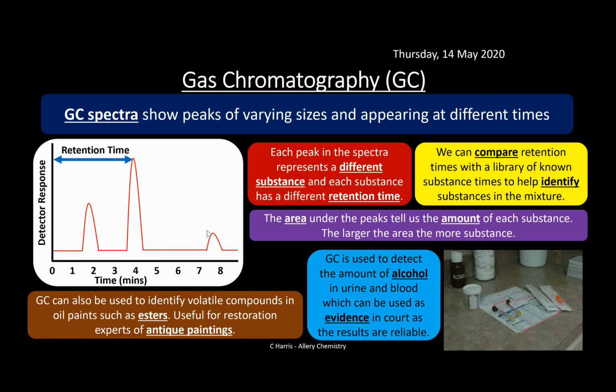Using quite detailed chromatograms like this, we can work out maybe even the age of the painting, or, if we are restoring it, we're trying to use the correct materials so it's not obvious. Obviously you wouldn't use a completely different paint, otherwise it would look obvious, wouldn't it? So there's loads of different uses for gas chromatography.